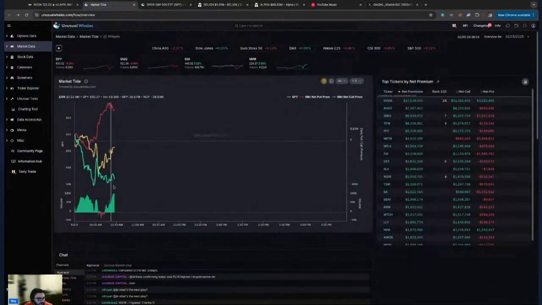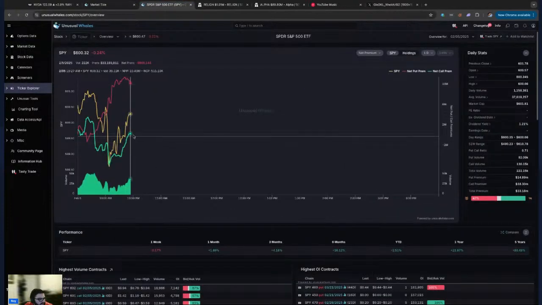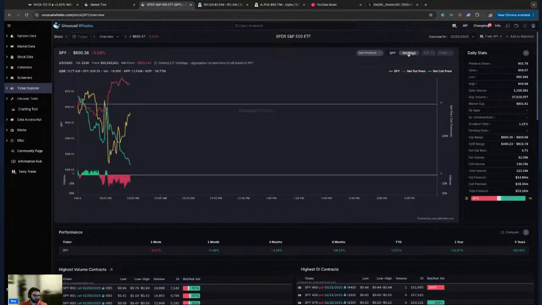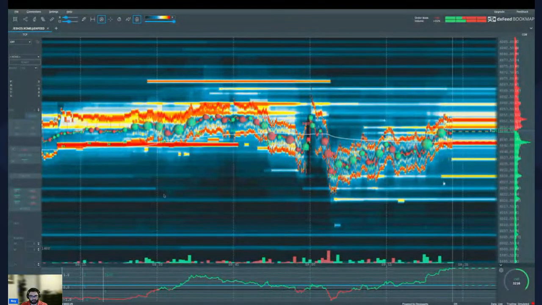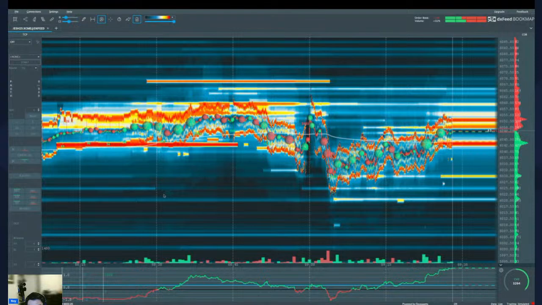Flip over to the Tide, getting a drop in call volume, increase in puts. The calls just went over the zero line on SPY. General market though, you're getting a drastic drop there. Let's see, Bookmap. You got orders stacking a little bit below at around that 60.42 level, 60.45, flashing orders as well.